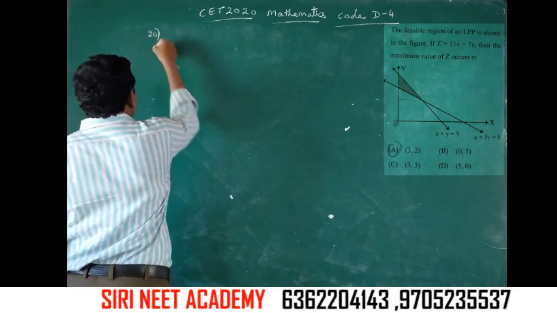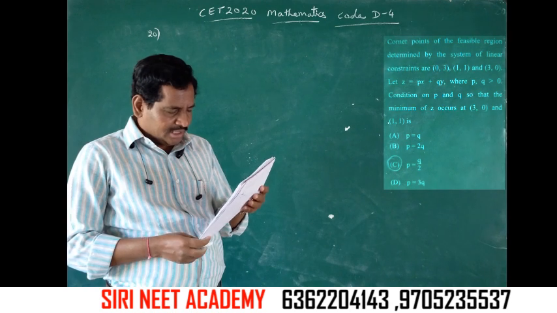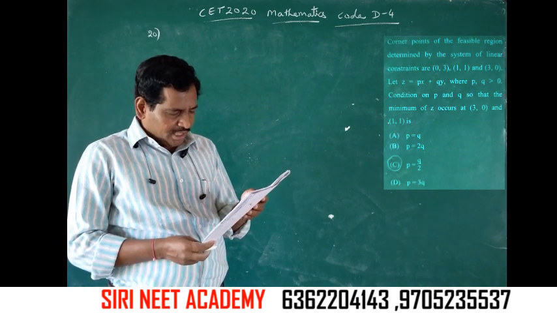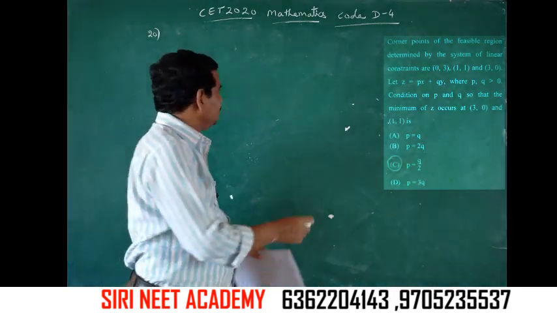Now question number 20. Corner points of the feasible region determined by the system of linear constraints are (0, 3), (1, 1) and (3, 0).